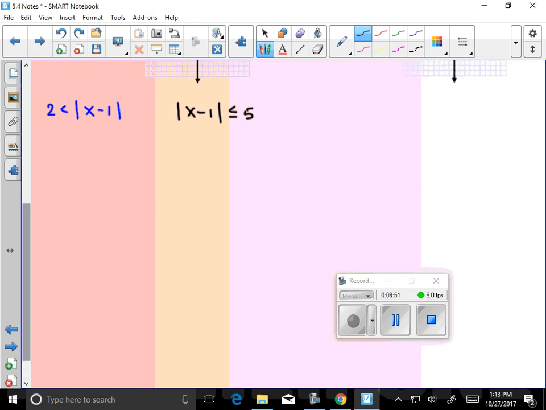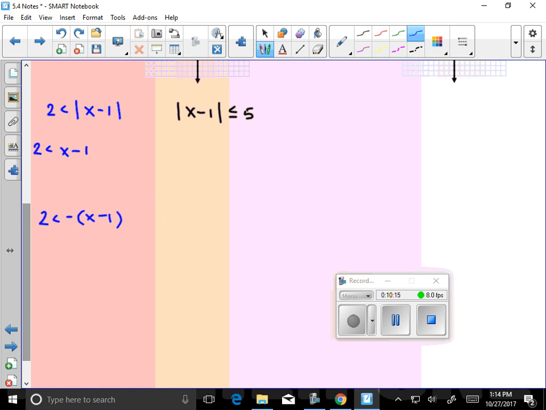Okay, so let's set up 2 inequalities for the left absolute value inequality. So 2 is less than x minus 1. What would the other one be? 2 is less than x minus 1, and 2 is less than negative x minus 1.